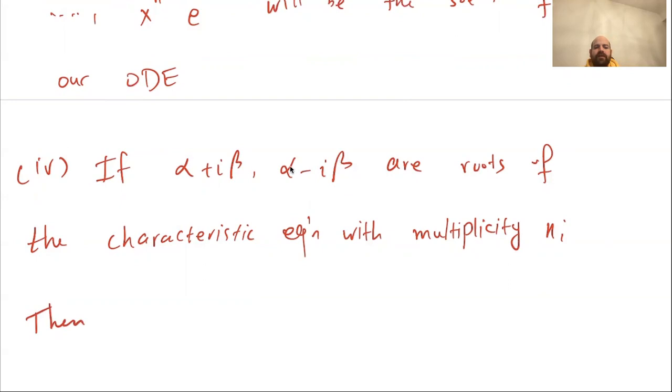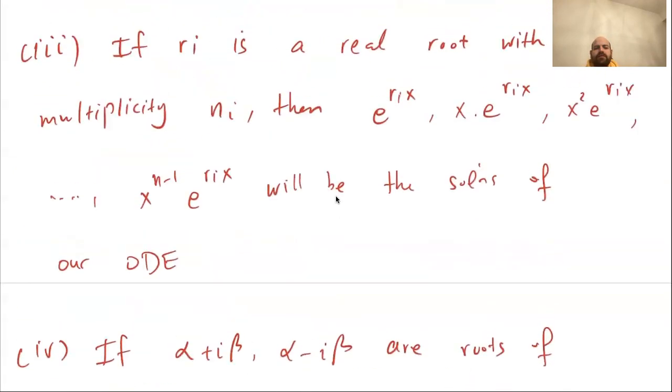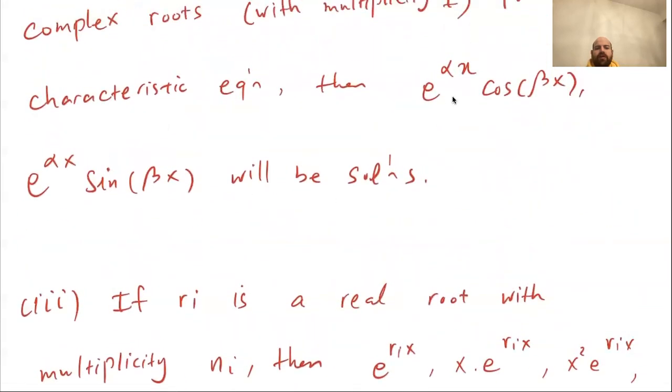If multiplicity was 1, then we had to consider e to power alpha x cos beta x and e to power alpha x sin beta x. Now, if they have multiplicity 2, in addition to these two solutions, I have to consider x times this solution and x times this solution. Similarly, if multiplicity is 3, in addition to these and x times these, I also have to consider x squared times this and x squared times this.